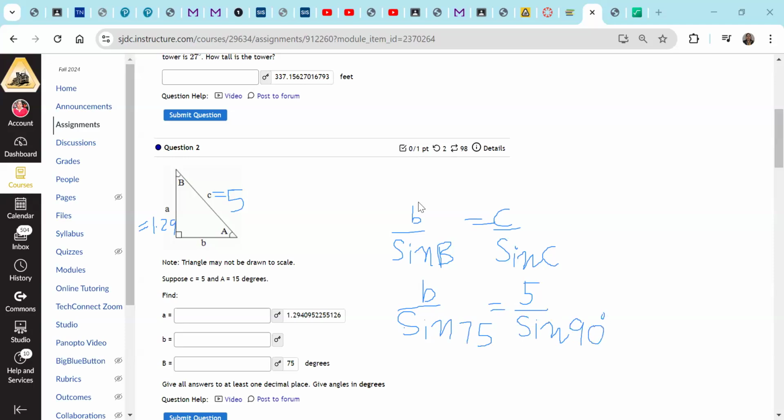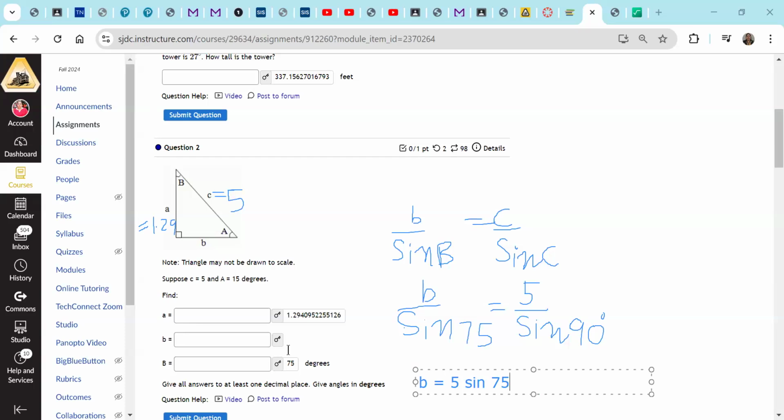So when I do that, in the next step, B is equal to 5 sine 75 degrees.